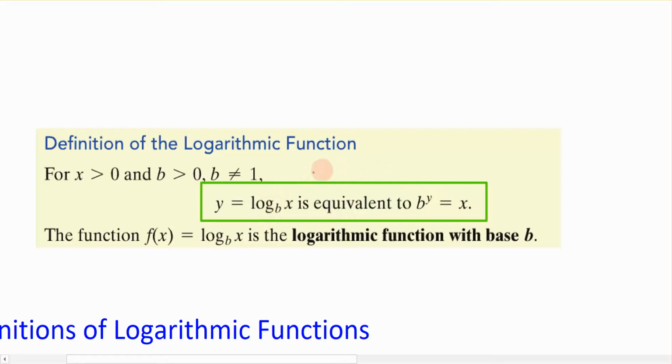These two forms represent my log function. This is considered the logarithmic form of my function, and this over here is considered the exponential form of my function. And that's our definition of log functions.